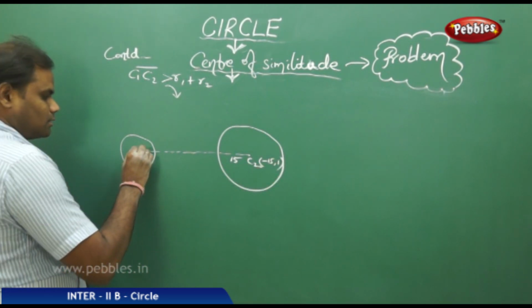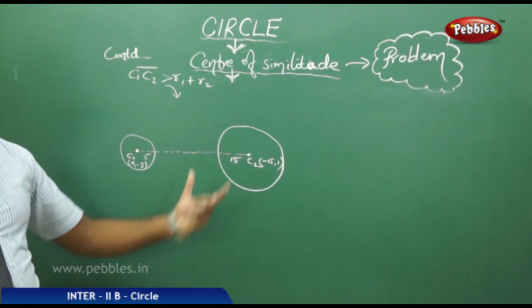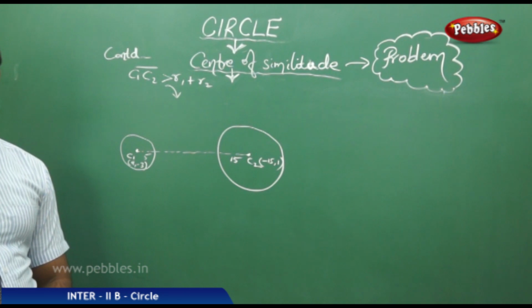So this is the case of two circles which are disjoint in nature.